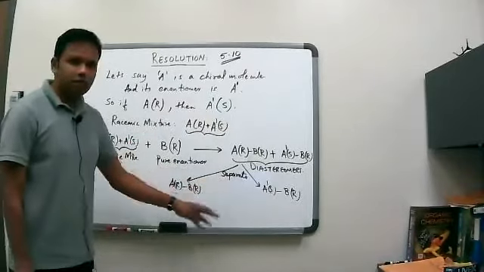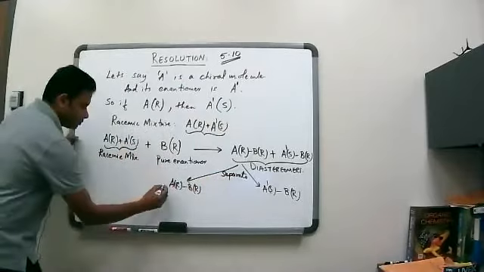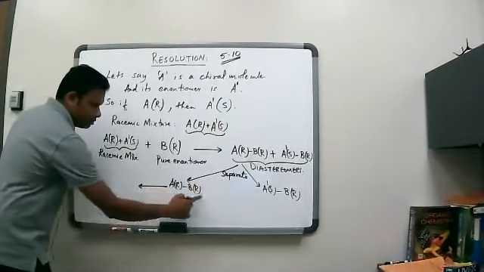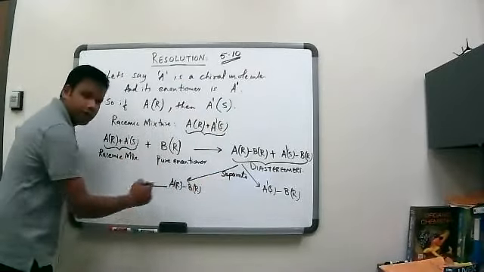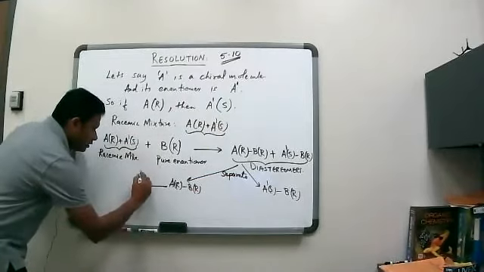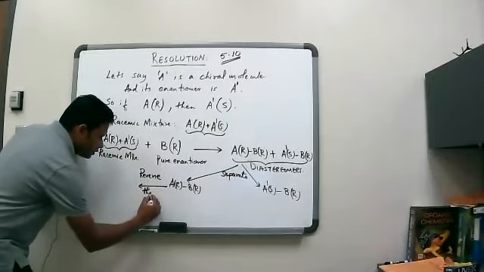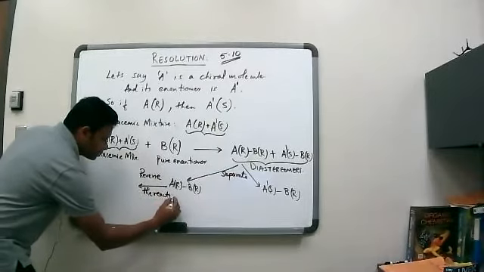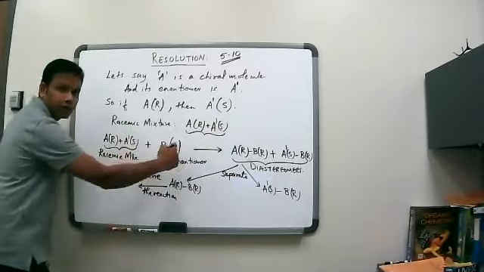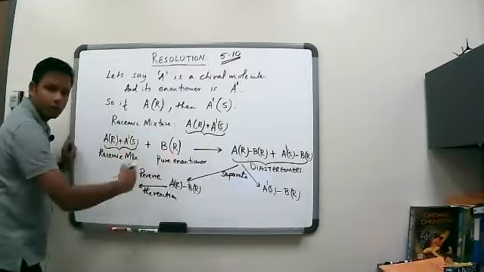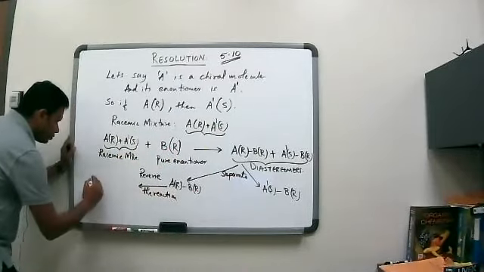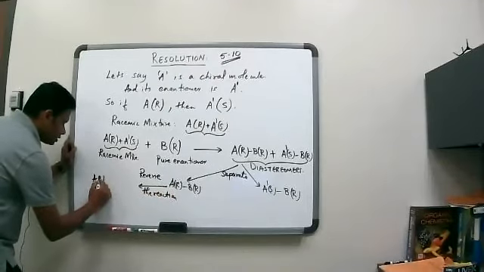We've got them separated now. Now, if we take this compound here, AR-Br, and reverse the reaction, whatever the earlier reaction was, if we do the reaction in reverse, what we would get is AR-Br.